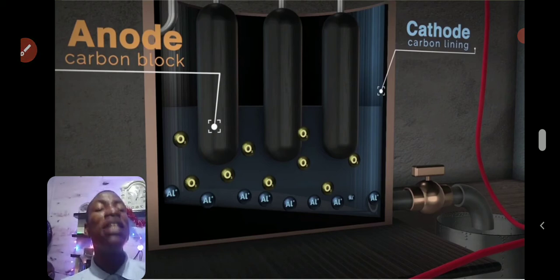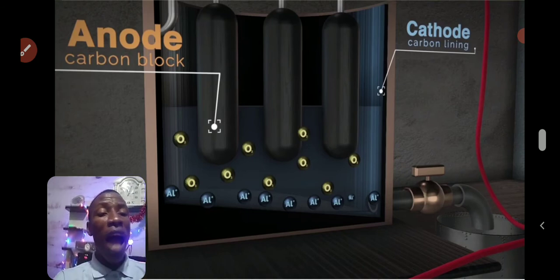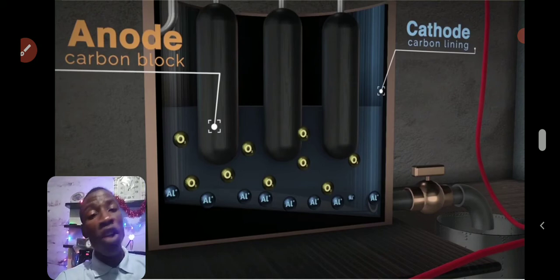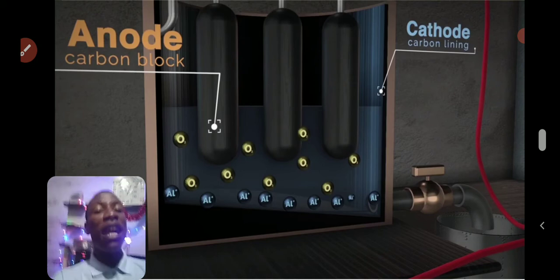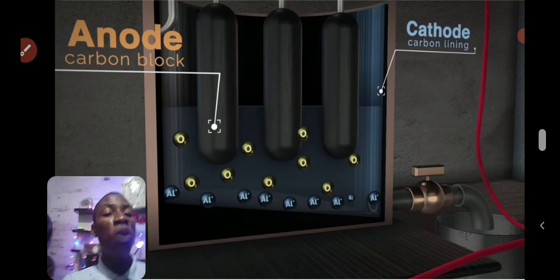So at the anode, the oxide ion will lose 2 electrons and be released as oxygen gas, while the aluminium ion will get to the lining, which is the cathode, collect 3 electrons and then become aluminium metal.